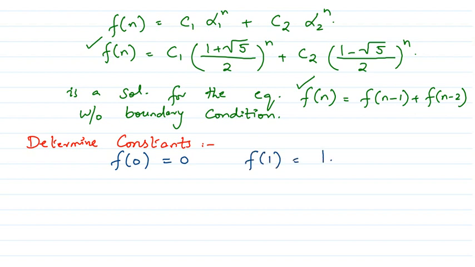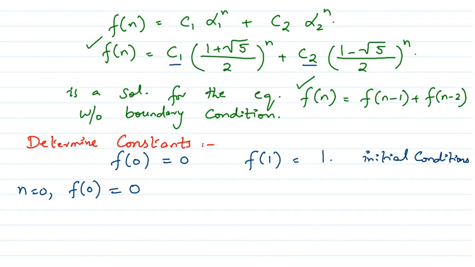Now let's find the values of these two constants, C1 and C2, with the help of these initial conditions. Let me write it here, that these two are the initial conditions. Okay, let's start with f of 0. F of 0 means n is equal to 0, and that is in fact 0.